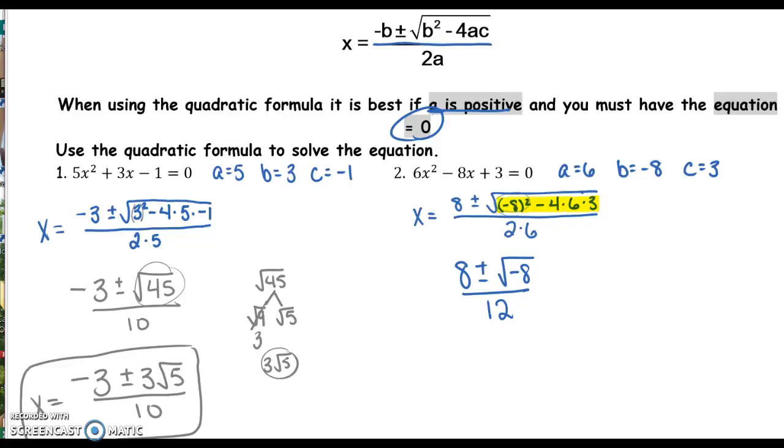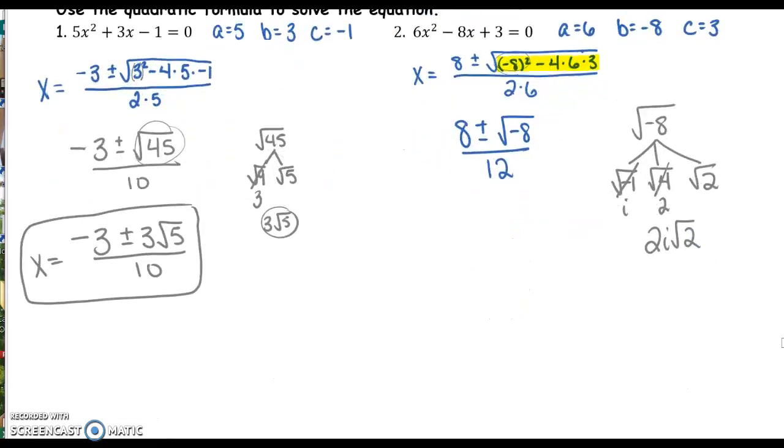So, square root of negative 8. We know how to simplify that. We can break it into the square root of negative 1, the square root of 4, the square root of 2. The square root of negative 1 is i, the square root of 4 is 2, so this becomes 2i times the square root of 2.